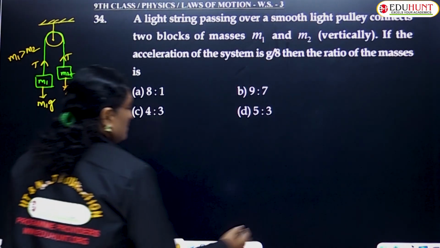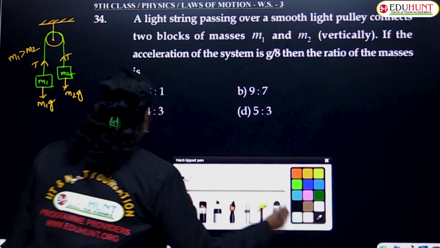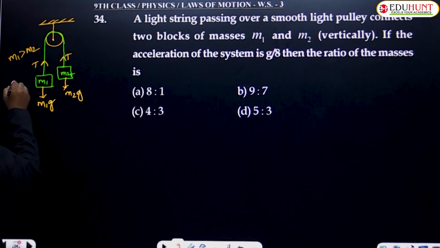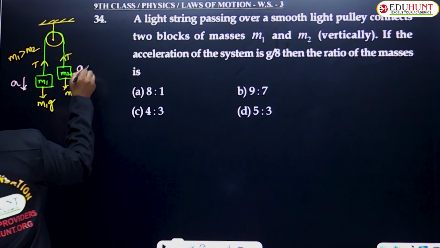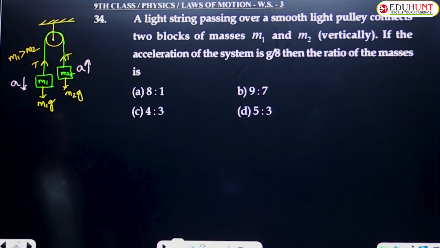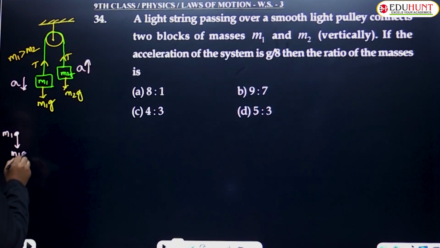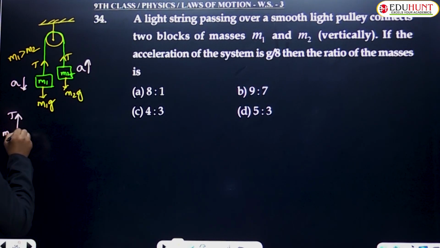If you observe the picture carefully, as m1 is greater than m2, it must be accelerating downwards, and here it must be accelerating upwards. If you draw a free body diagram for this, this is m1 whose weight is acting downwards m1g, tension T upwards and acceleration downwards.